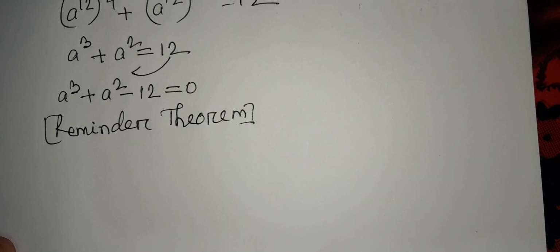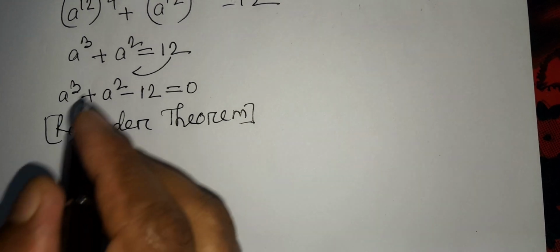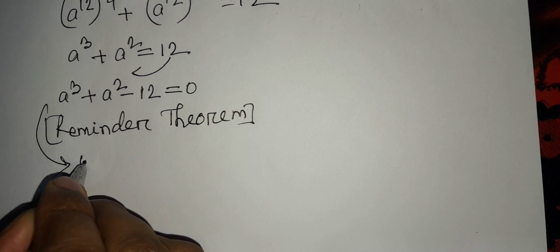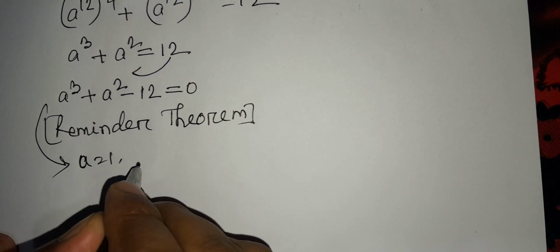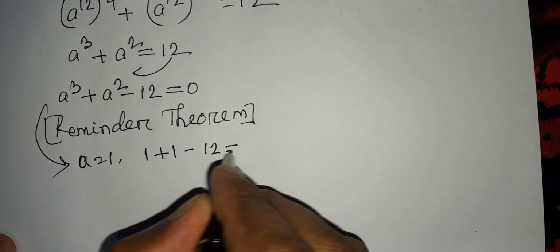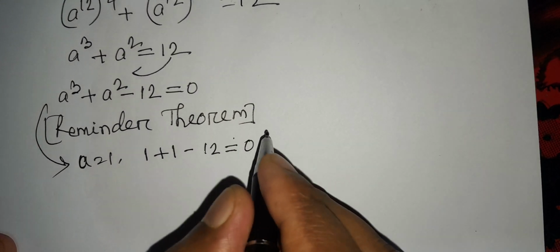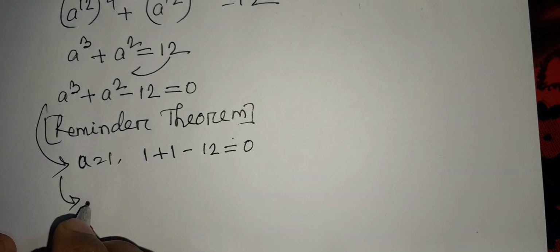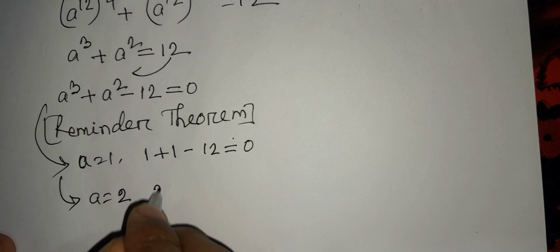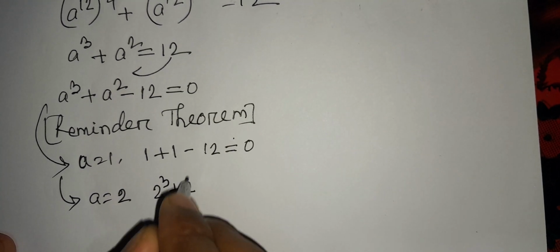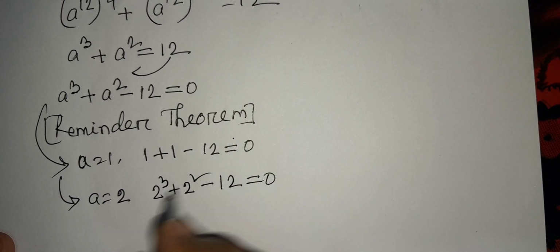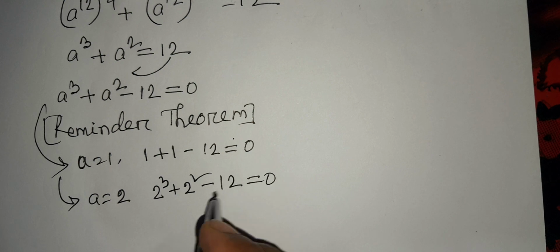We can write, if a equals 1, then 1 plus 1 minus 12 is not equal to 0, not accepted. And then for a equal to 2, 2 cube plus 2 square minus 12 equals 8 plus 4, which is 12.